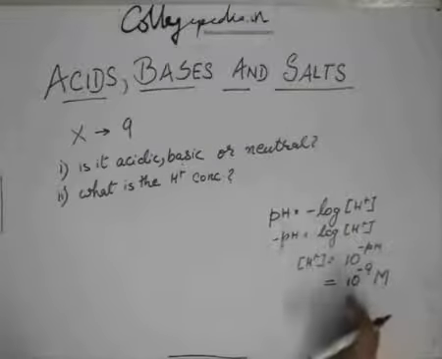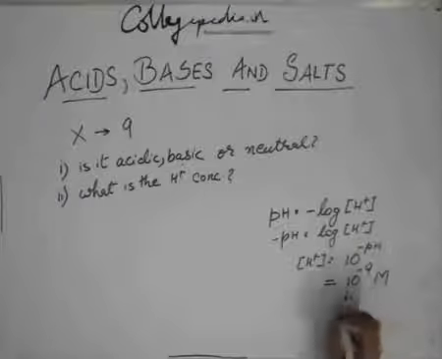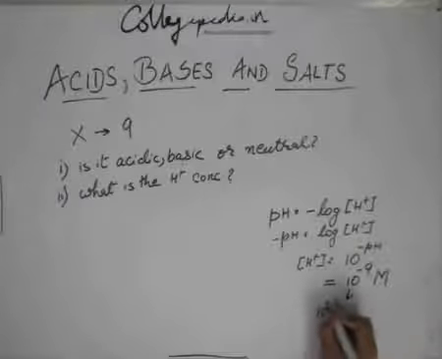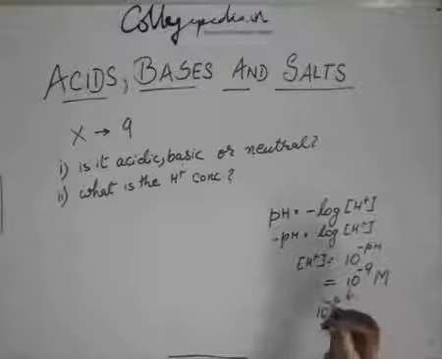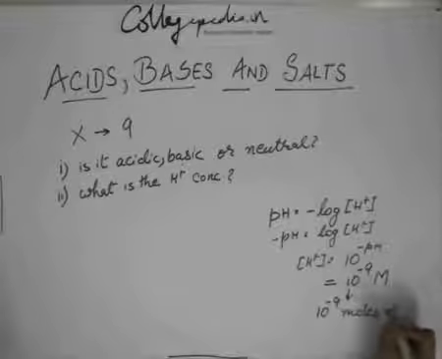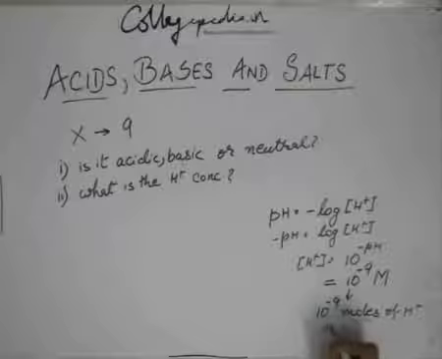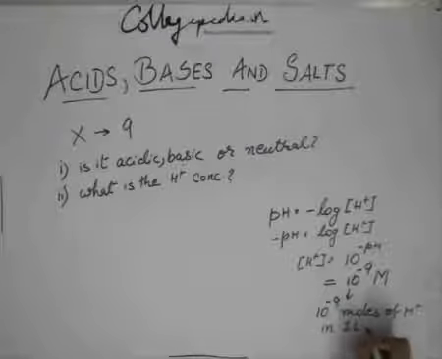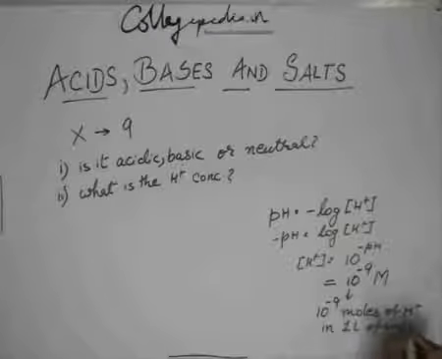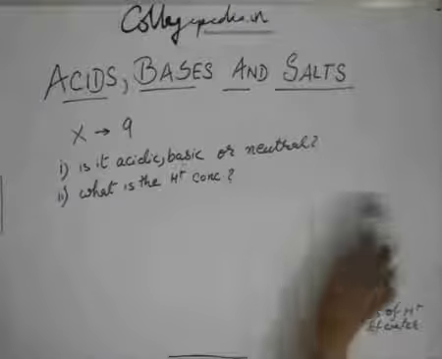That means 10 to the power minus 9 molar concentration means that there are 10 to the power minus 9 moles of H plus in 1 liter of water. So this is the H plus concentration.